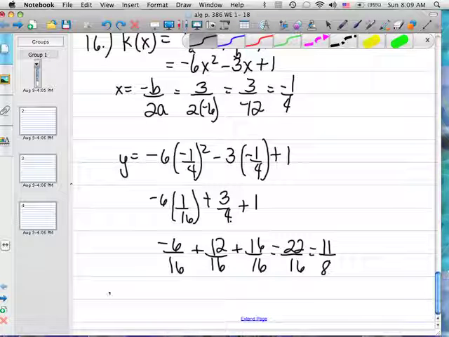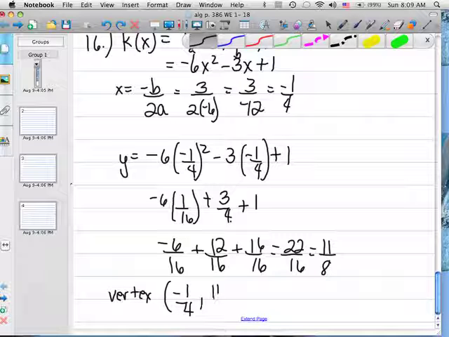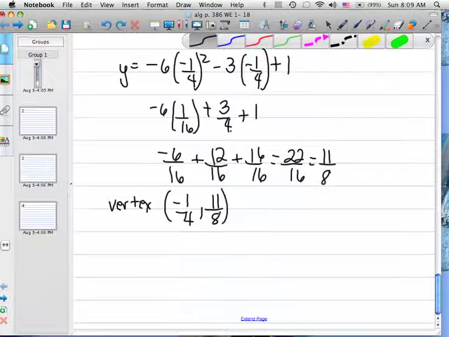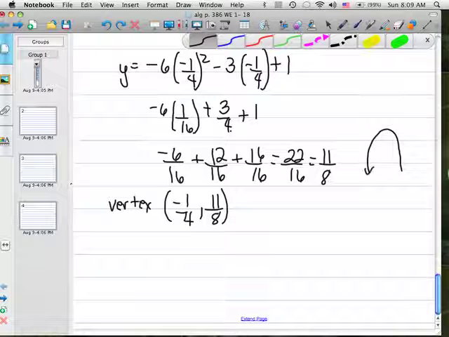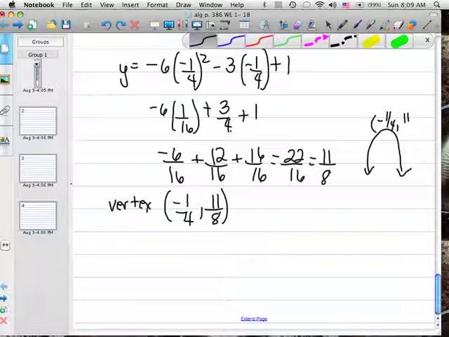So my vertex is negative 1/4 and 11/8. The number in front of x squared is negative, so it opens down. Here's my vertex, negative 1/4, 11/8.